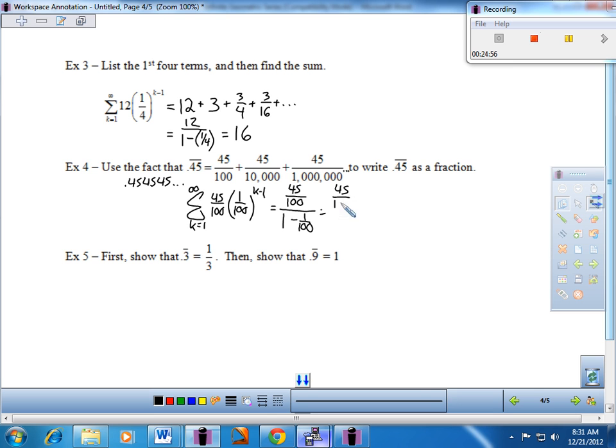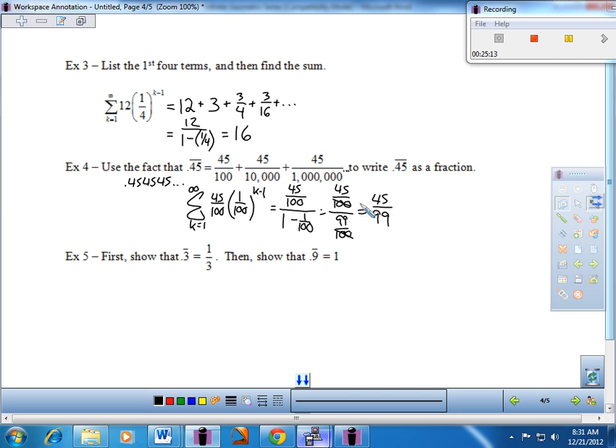Now, everybody, let's see what we end up getting here. I got 45 over 100, and 1 minus 1/100th should be 99 over 100, right? If I clean this up very quickly, it looks like that goes away, and so our answer is actually 45/99, which looks really nice. It can be broken down a little further. This is a good answer.